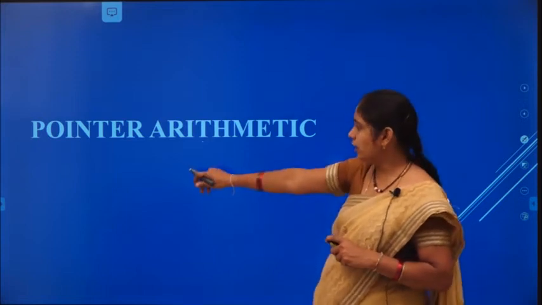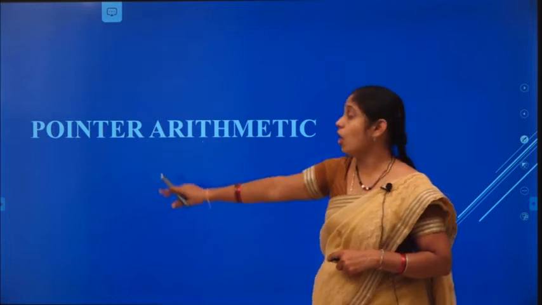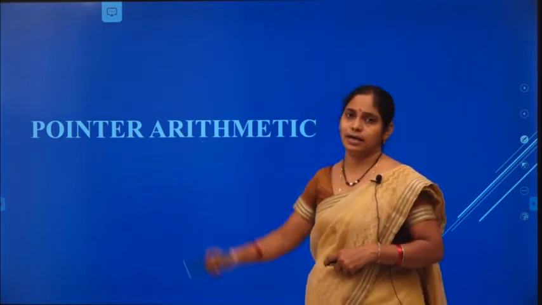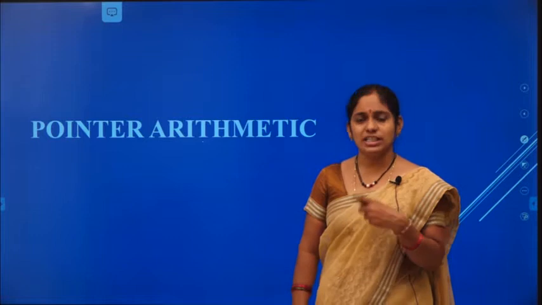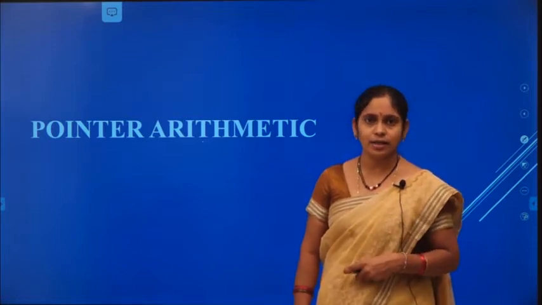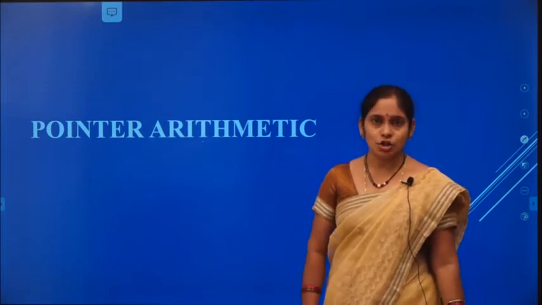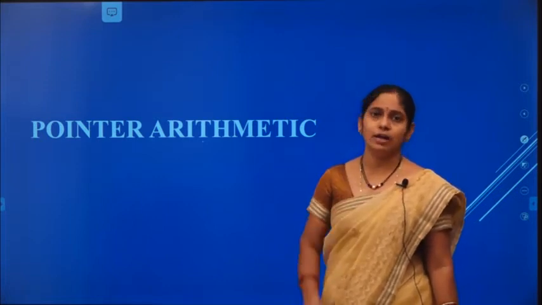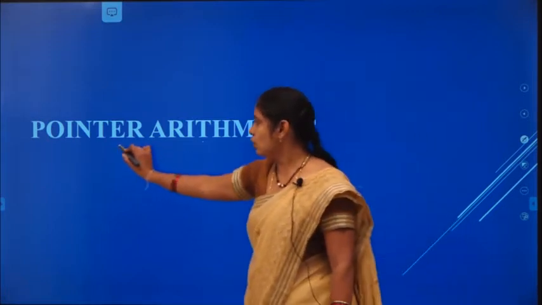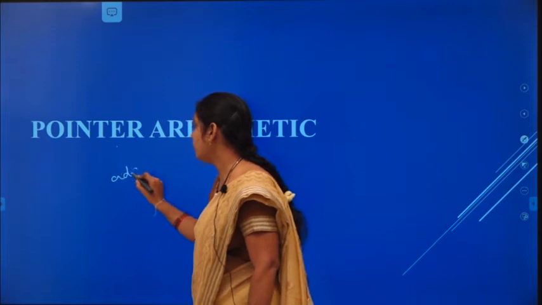But how will such arithmetic operations be performed on a pointer? What is the need of discussing pointer arithmetic separately? Because a pointer stores an address, not a value. Remember, a pointer stores the address of something, the address of a variable.